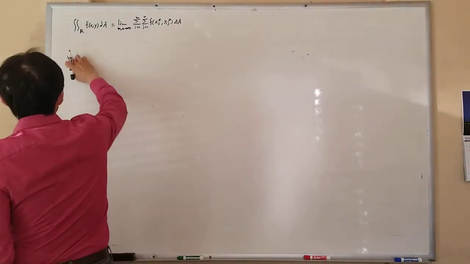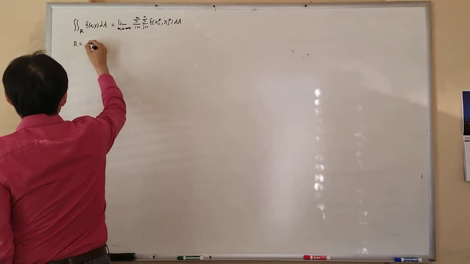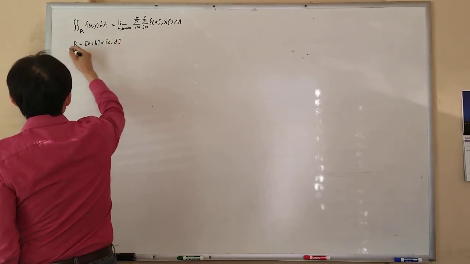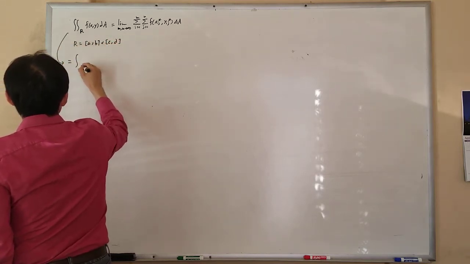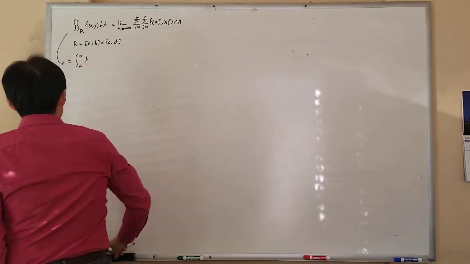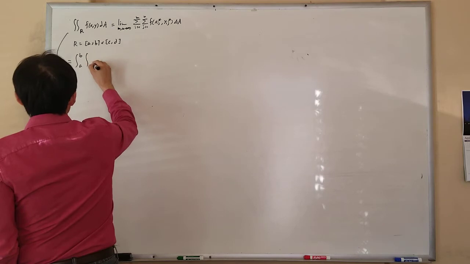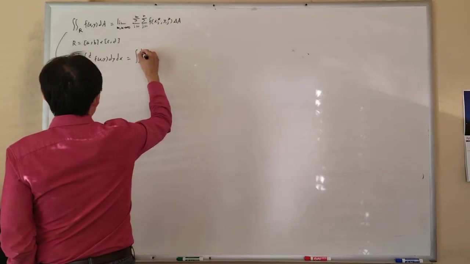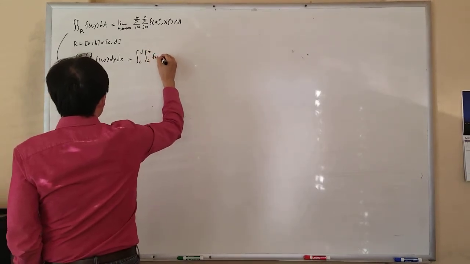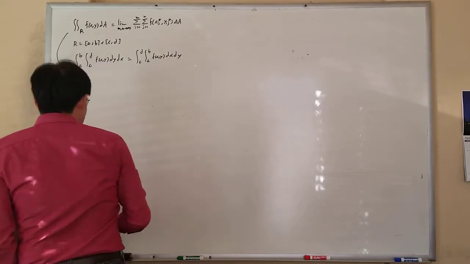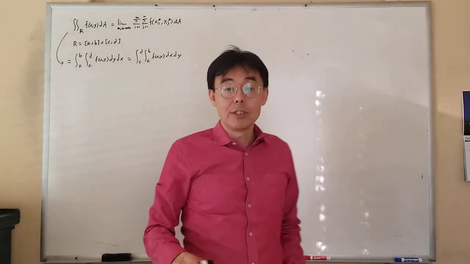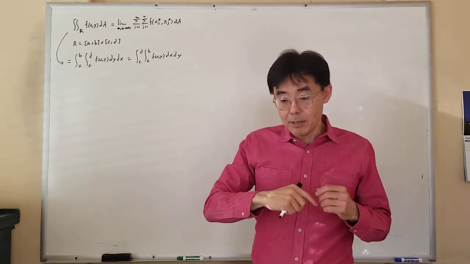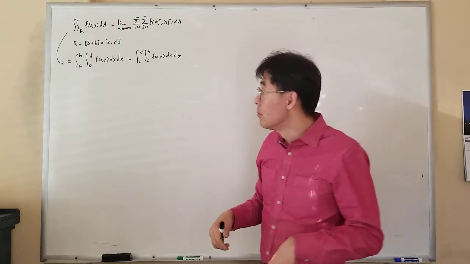Now, also in 12.2, we learned that this can be easily calculated if your rectangular domain is A to B, C to D, then that is actually an iterative integral in both orders, as long as f of xy is continuous, or in general, continuous except for a finite union of smooth curves.